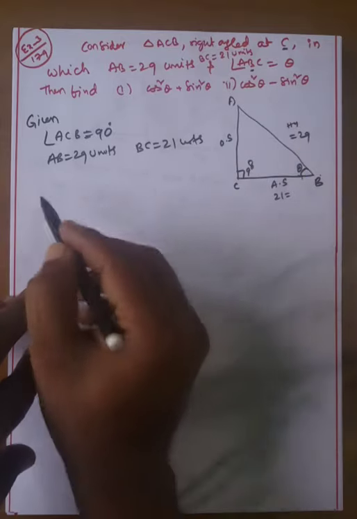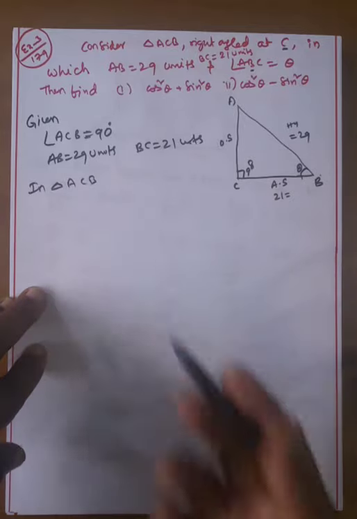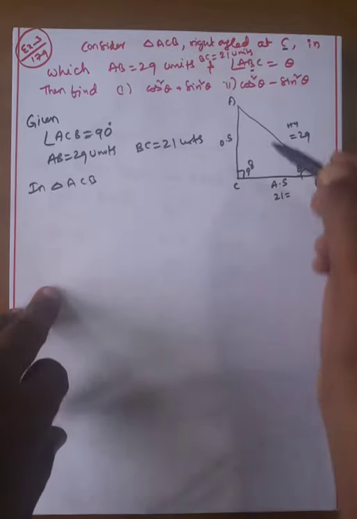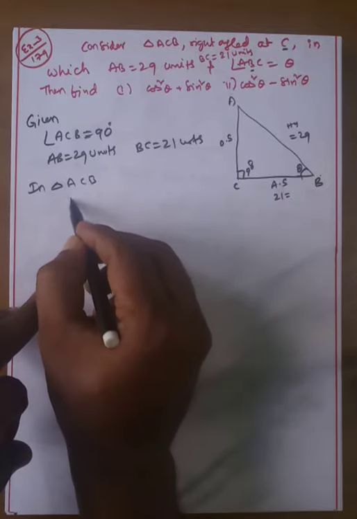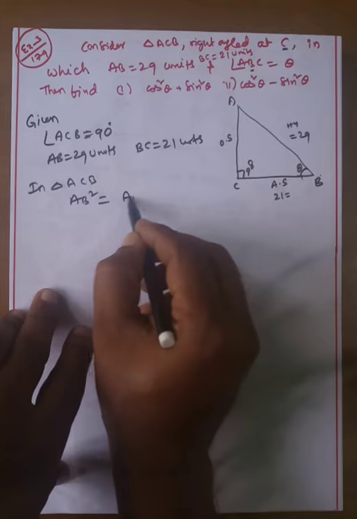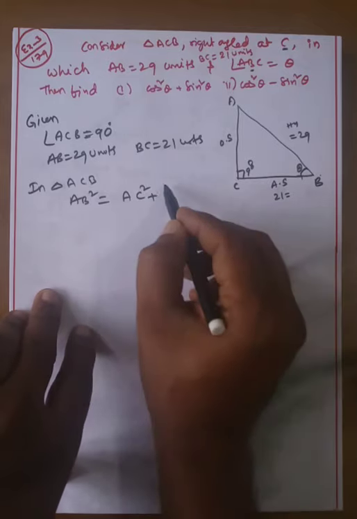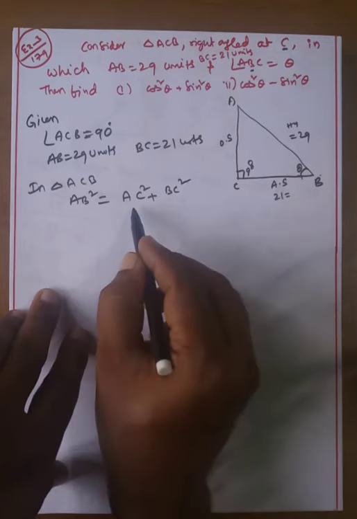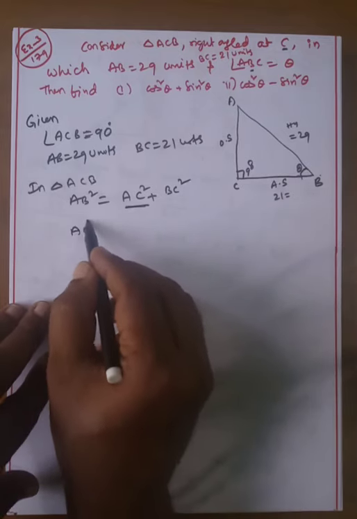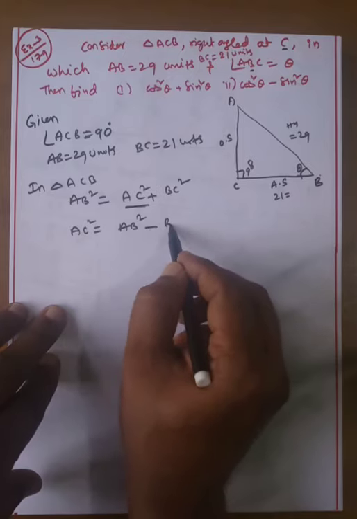Now we will find AC square. Using Pythagoras in triangle ACB first, after that we will find cos theta and sin theta. In triangle ACB, AB square is equal to AC square plus BC square, no problem at all. From this one you find AC square. AC square is equal to AB square minus BC square.